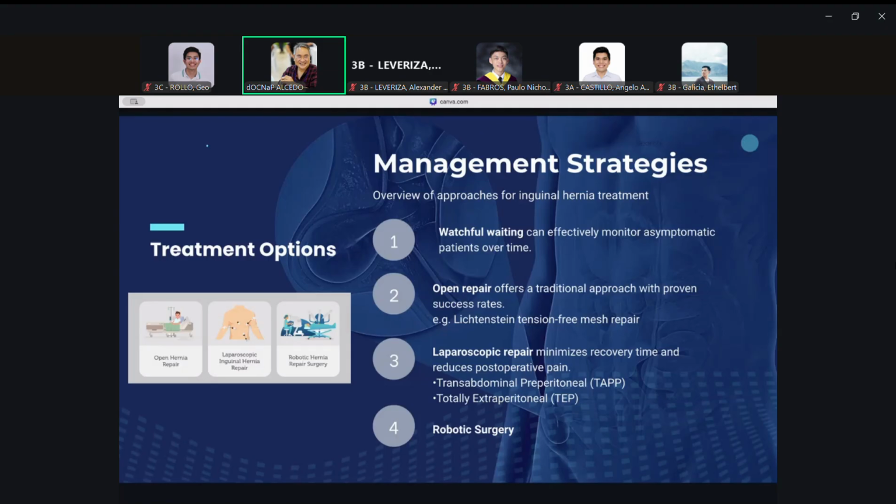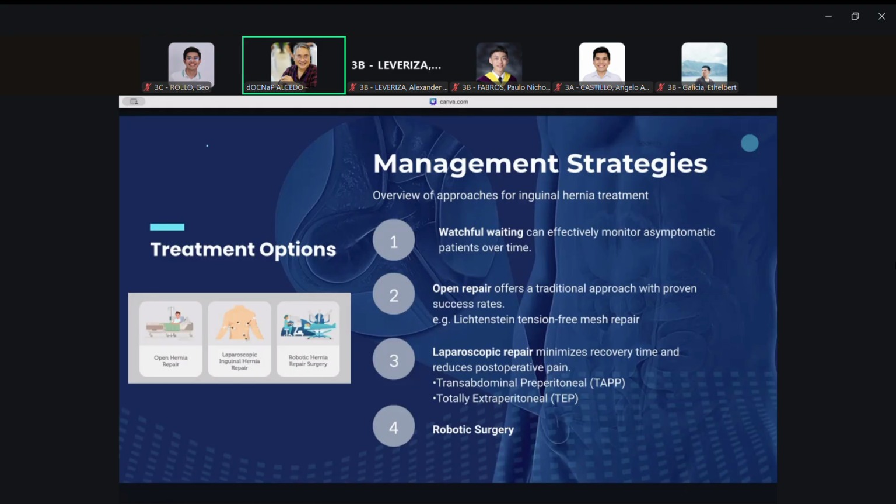Through the lap repair, which can either be using the TAPP, which is transabdominal, or the TEP, which is totally extraperitoneal without entering the intra-abdominal area. Both of which have advantages and disadvantages, which we will touch on later on.